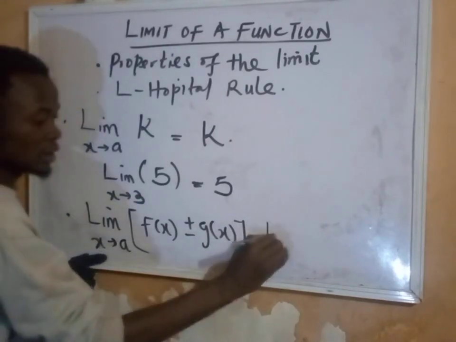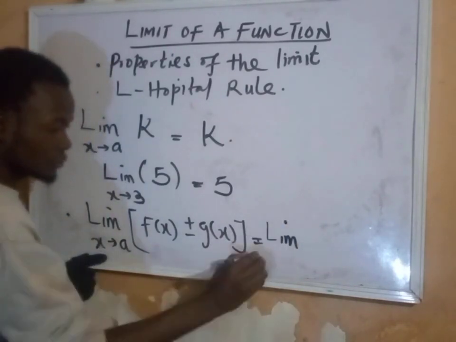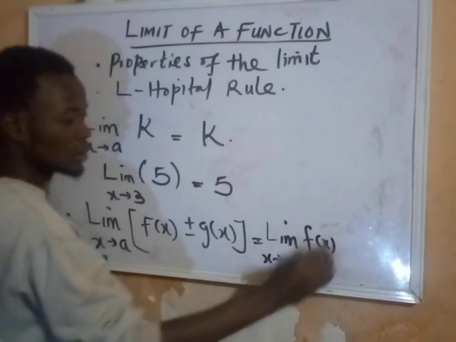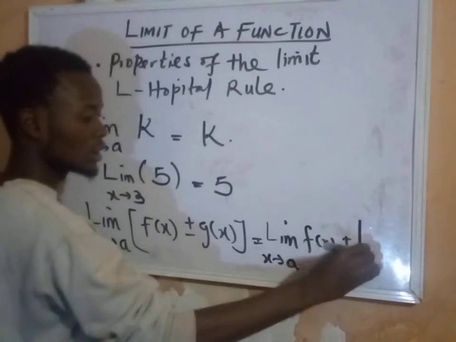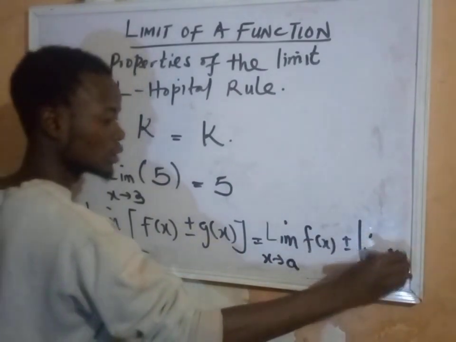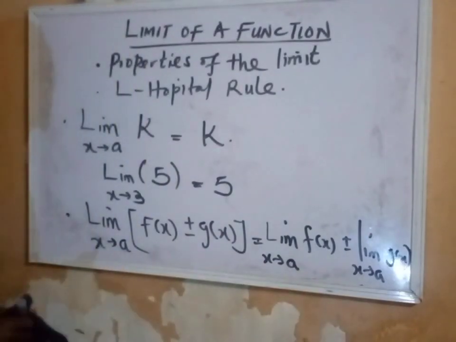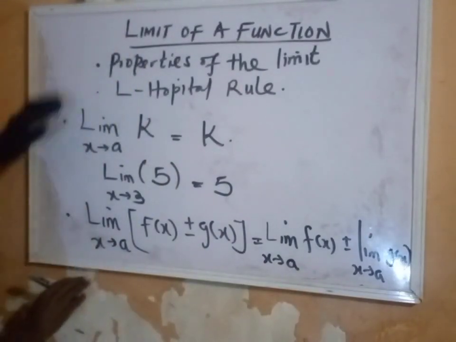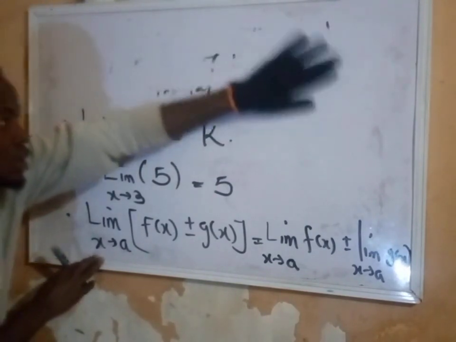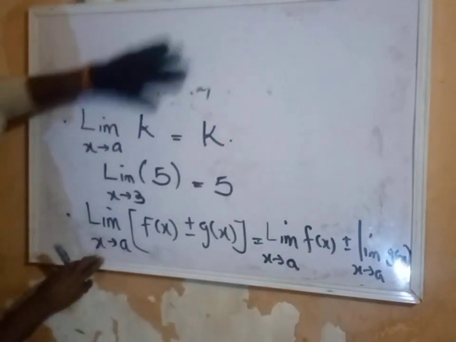By separating this, we have the limit of x tends to a of f of x, plus or minus the limit of x tends to a of g of x.